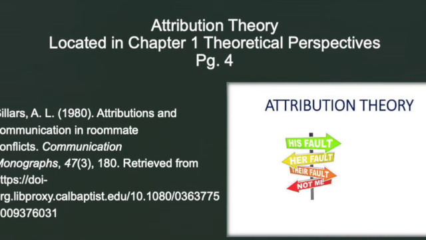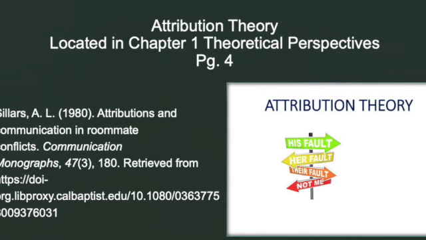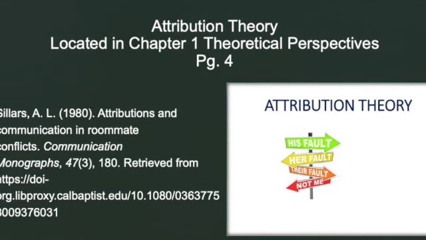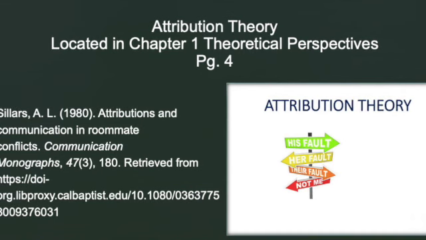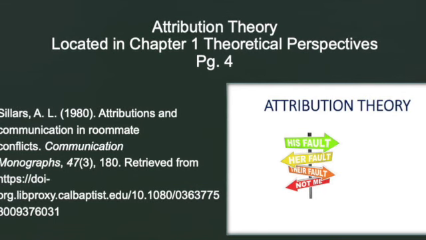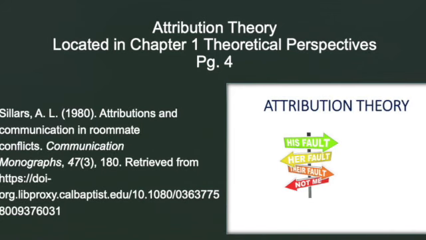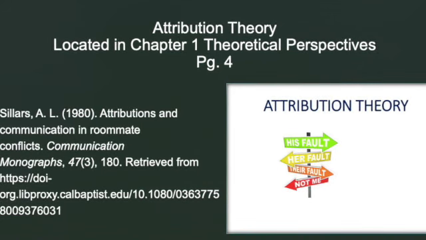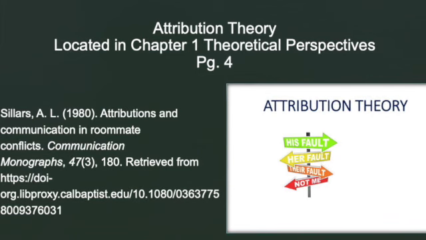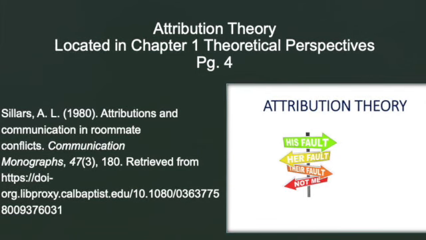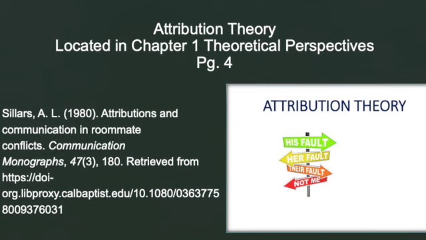In page 4 of this article, Siller talks about interpersonal conflict and how it can be different for relationships and definitely can change during emotionally expressive conflicts or when there's high stress or also when there are different attitudes.